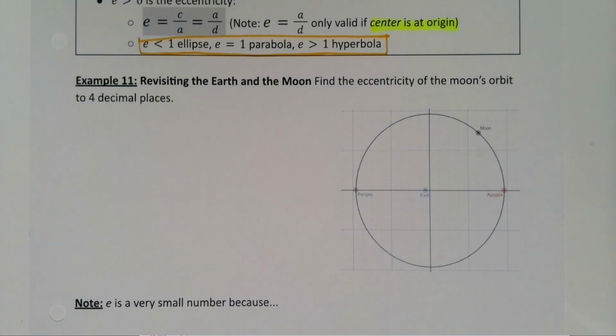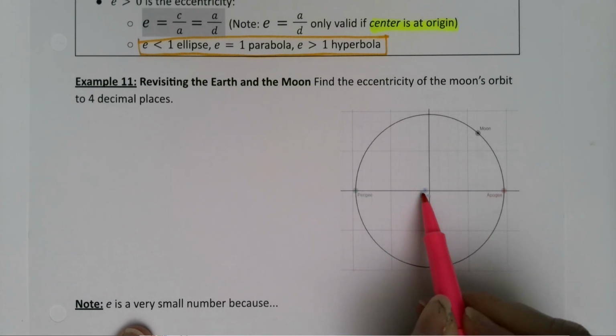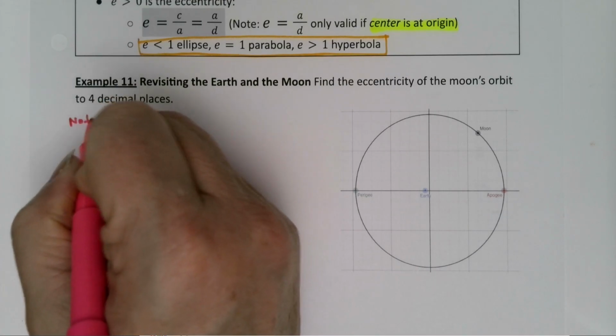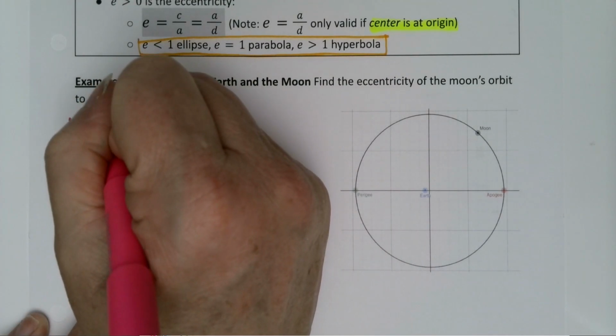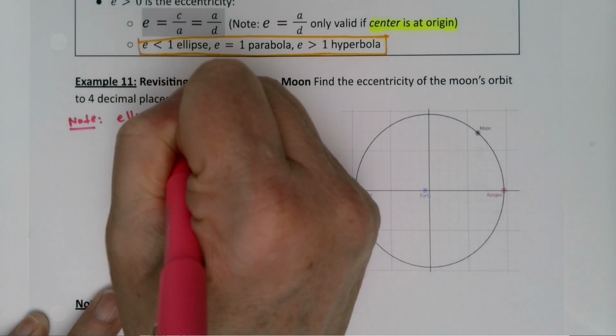Now before we do anything, let's think about this for a second. We know that the ellipse is very close to circular. The Earth is quite close to the center. So let's just make a note of that. So we know what we should expect here if we are looking for the eccentricity, right? So the ellipse is very close to circular.